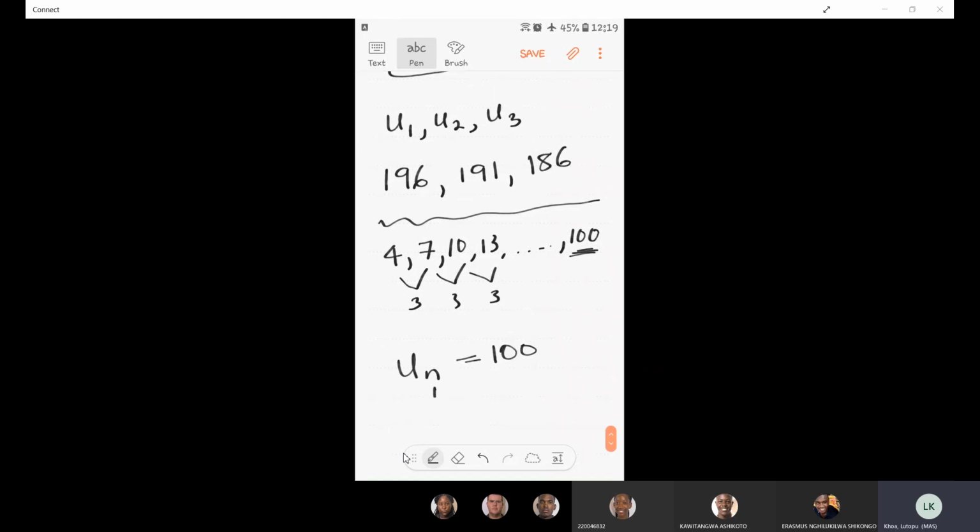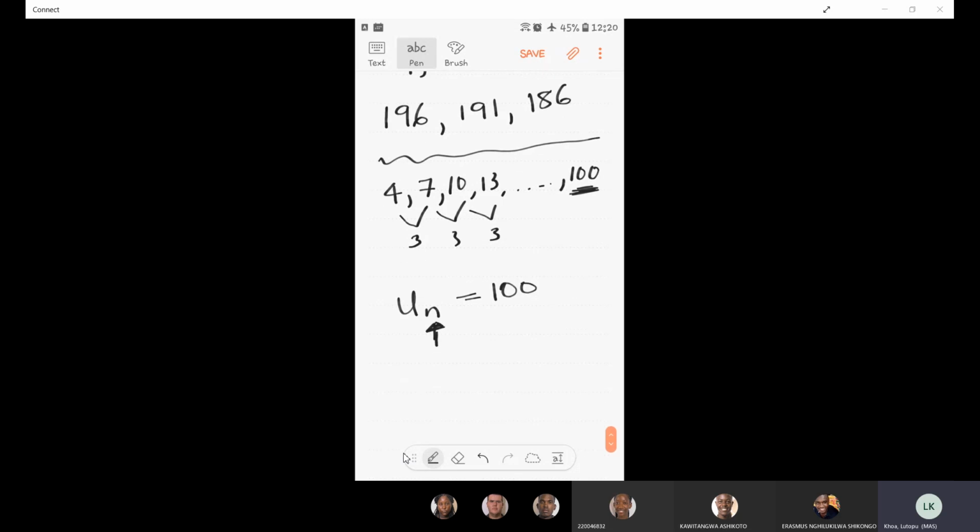But I just need to work out what this n is. Because if I know what n is, then I know how many terms I need to write in order to get to 100. So I need to work out the formula. So Un is equal to a plus n minus 1 times d.